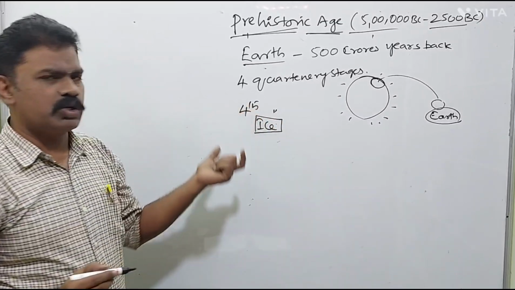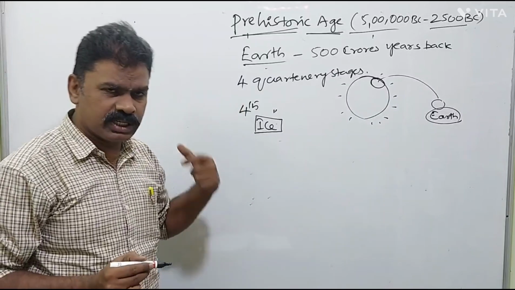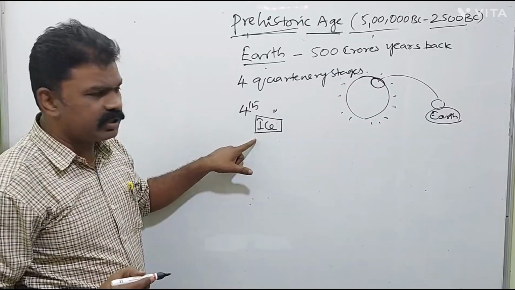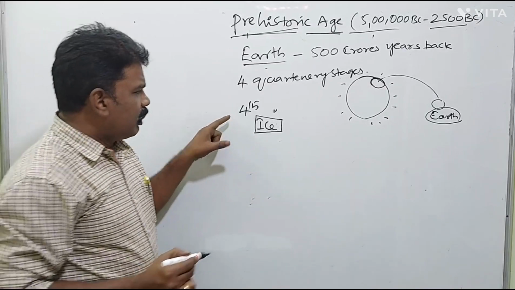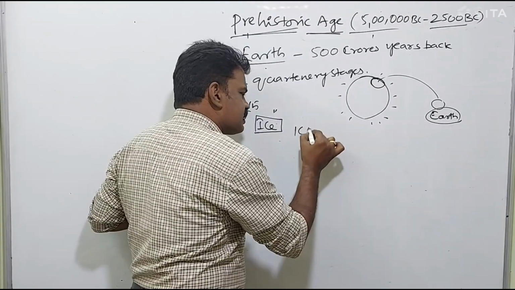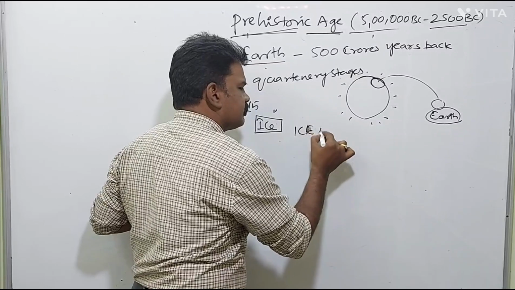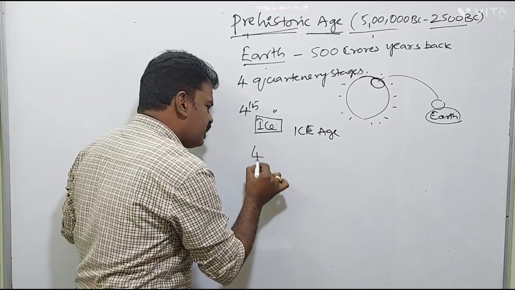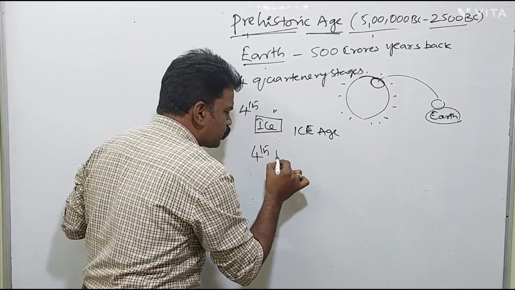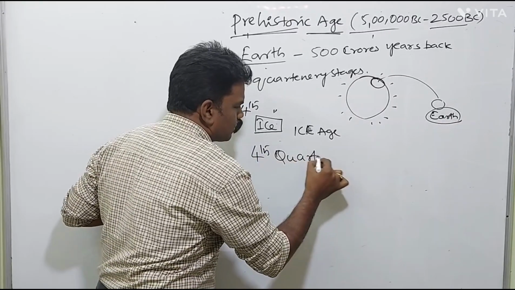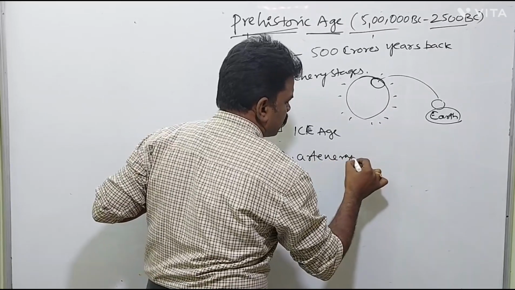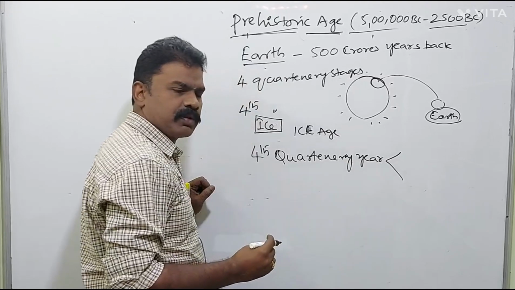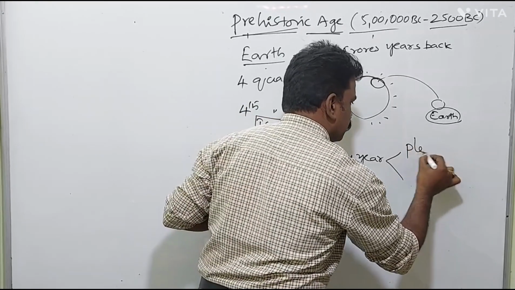So we are going to discuss from the 4th quaternary stage. This is called the ice age. The 4th quaternary stage can be divided into 2 parts. One is the Pleistocene.